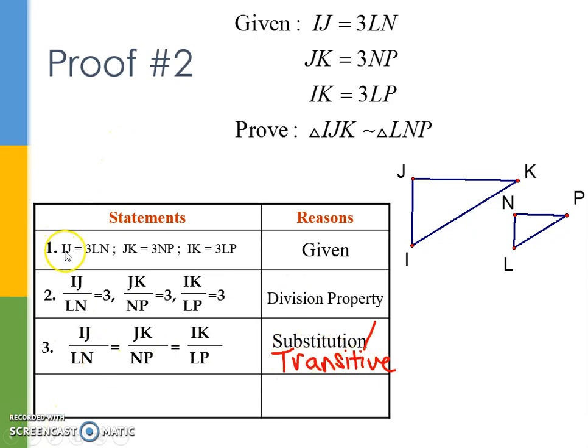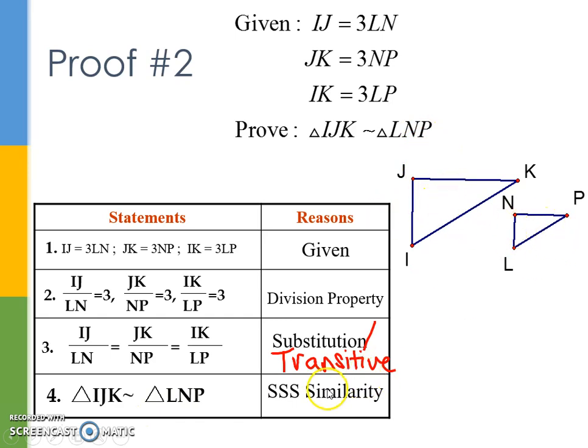So you can write substitution or transitive. Because if IJ equals 3LN, and IJ divided by LN is 3, then they have the same ratio. You can write transitive or you can just write substitution. And then lastly, you can say, okay, in that case, they're all the same 3 ratio, same scale factor, not the same length.